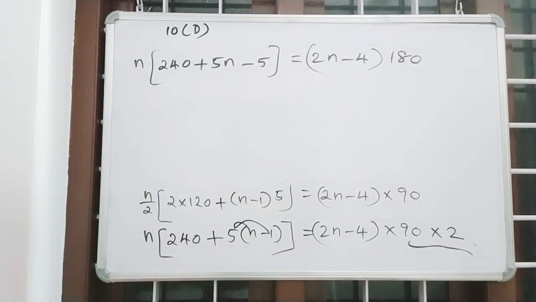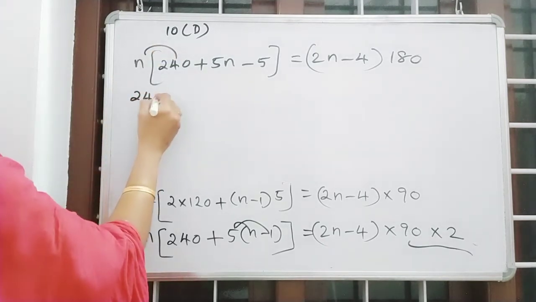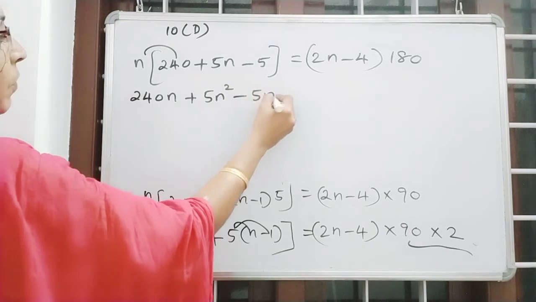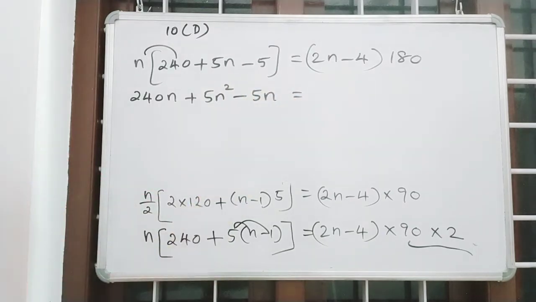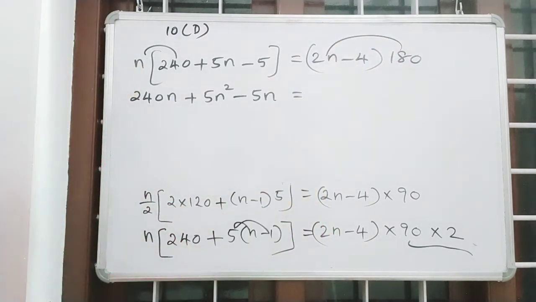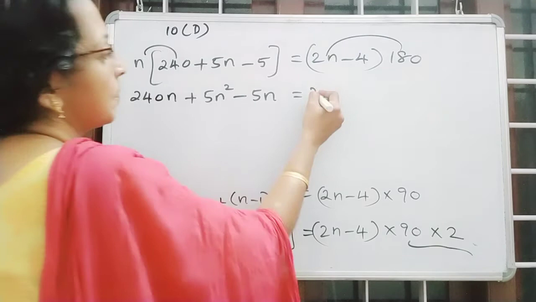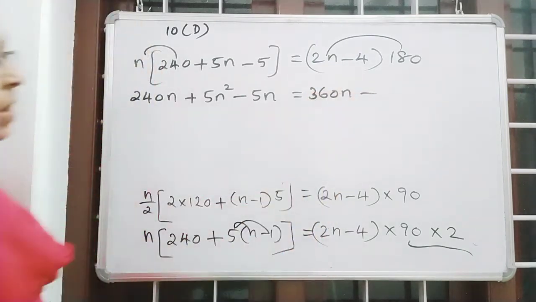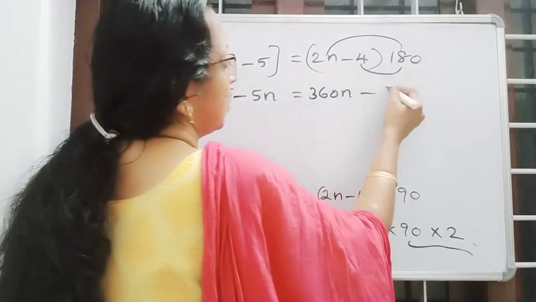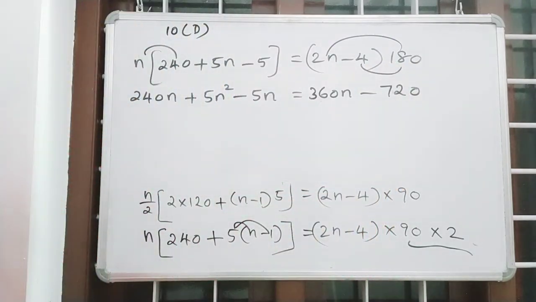Okay. So change the brackets. So 240n plus 5n square minus 5n is equal to 2n minus 4 into 180. So 180 is common there. So 360n minus 180 into 4 is 720.